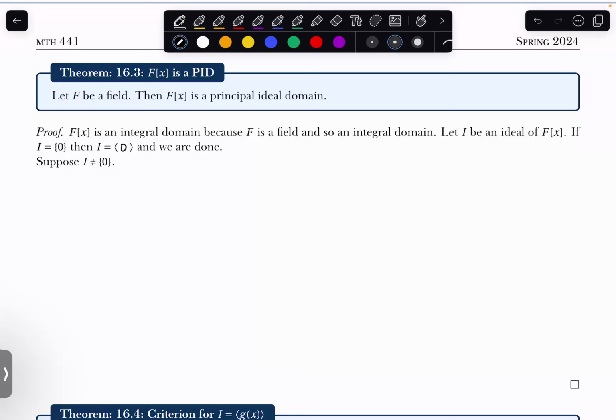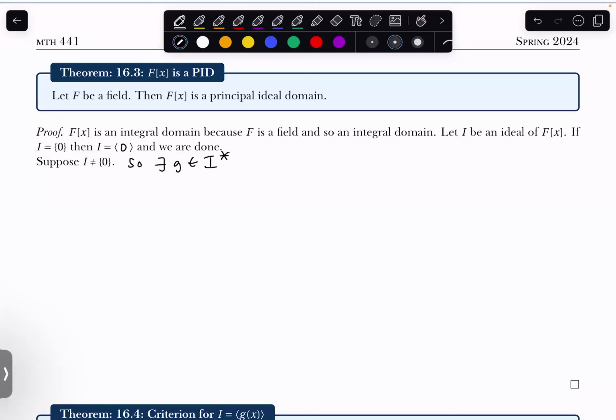Okay, so here, if I is not the zero ideal, so there exists a G inside of my ideal, but take away zero. Okay, I know I have at least one other element that's not zero.